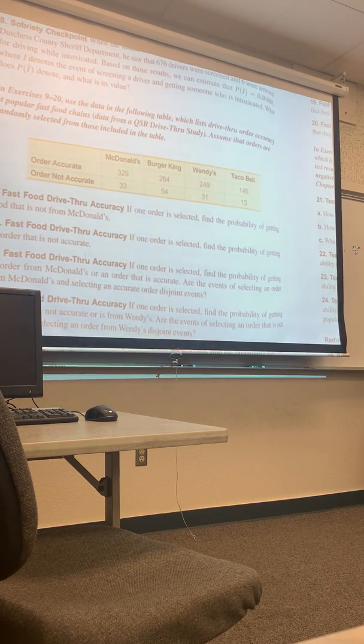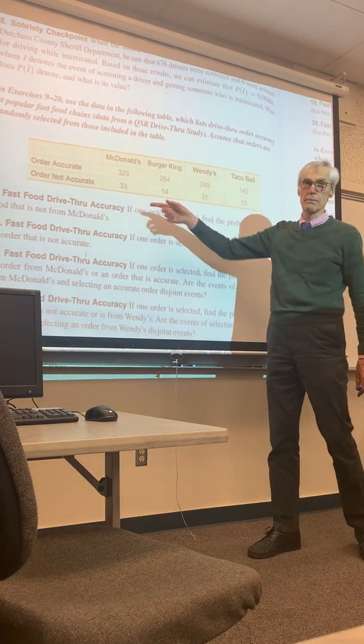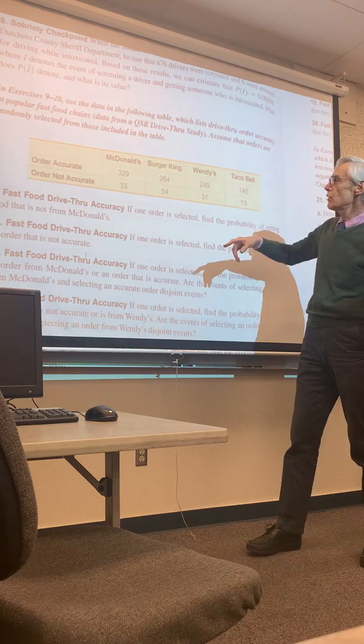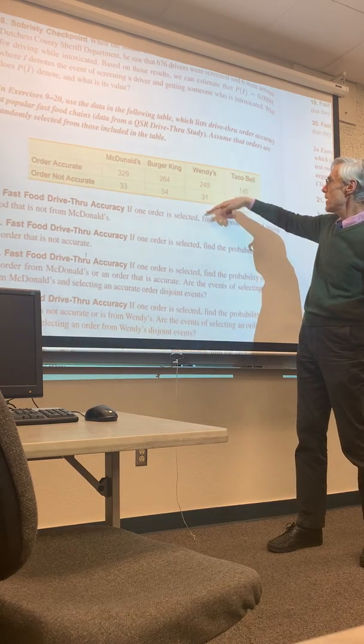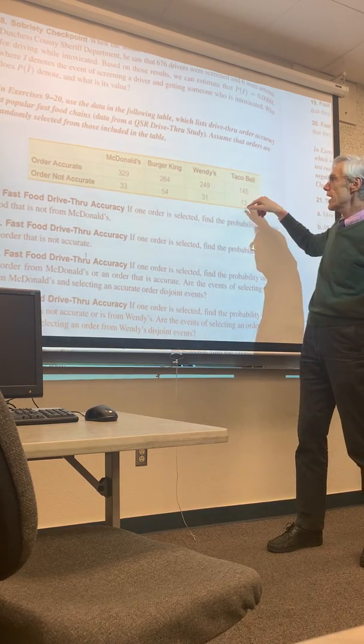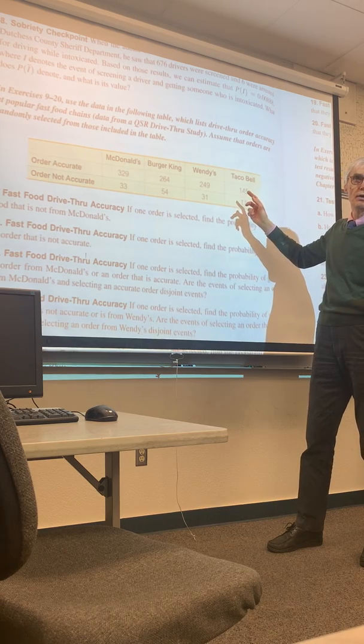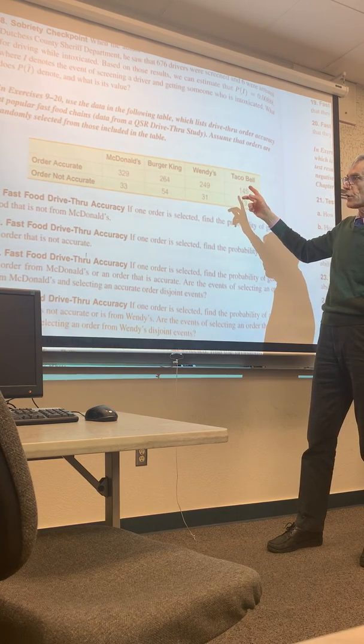If an order is selected, find the probability of getting food that is not from McDonald's. So given that table, here you use the complement. You can also do it directly. So not from McDonald's, first of all, you have to add all these up. You would add up this column and that column, add those all together, and divide by the total for the table. That'd be the direct route. Or you can use the complement rule.